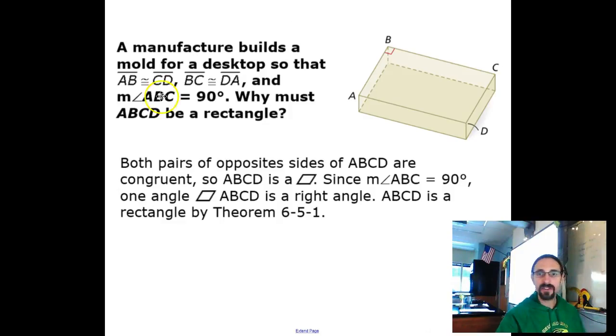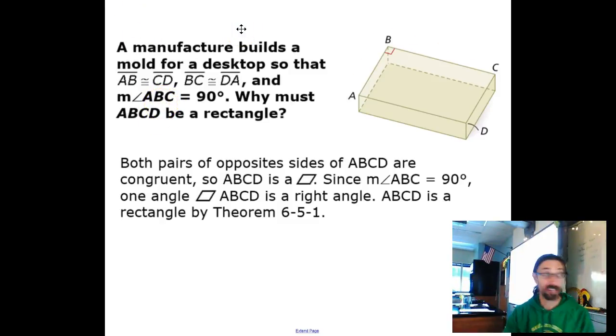So how this plays out is you're going to get problems that look a little different. This one says a manufacturer builds a mold for a desktop so that AB is congruent to CD, and BC is congruent to DA. And the measure of angle ABC is 90 degrees.